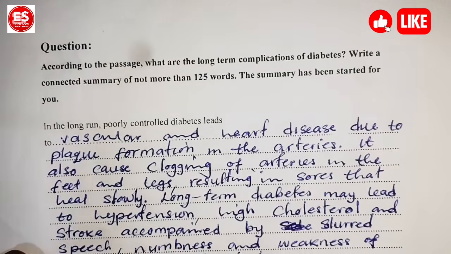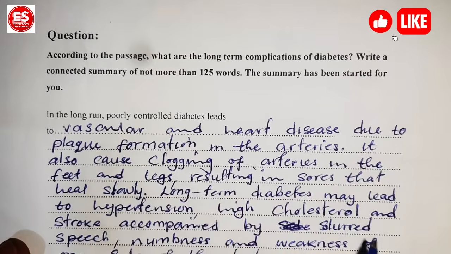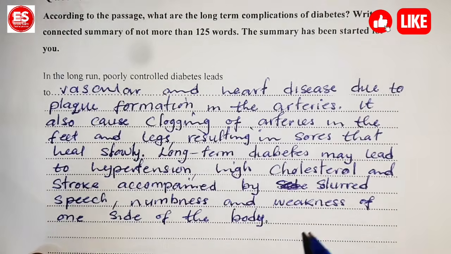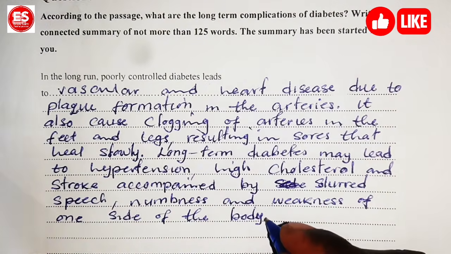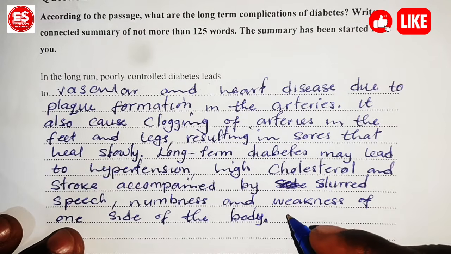Okay, the next point, we are writing one connected paragraph here.